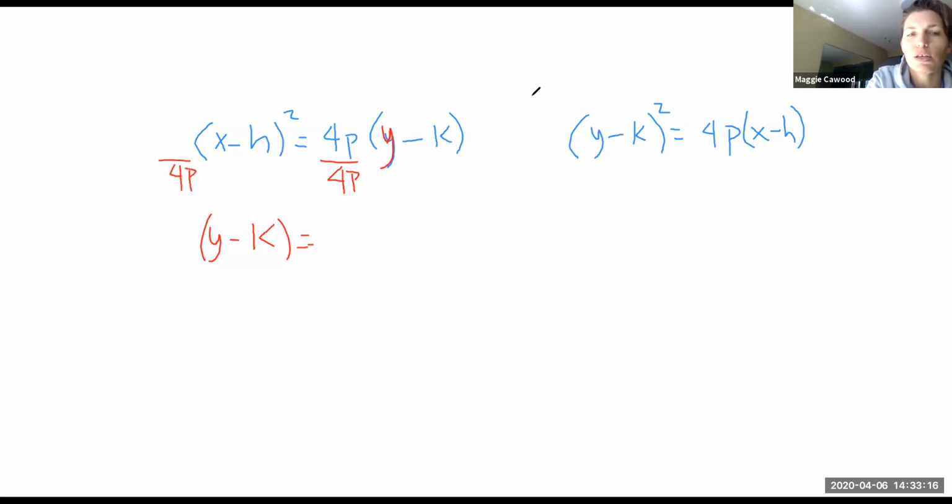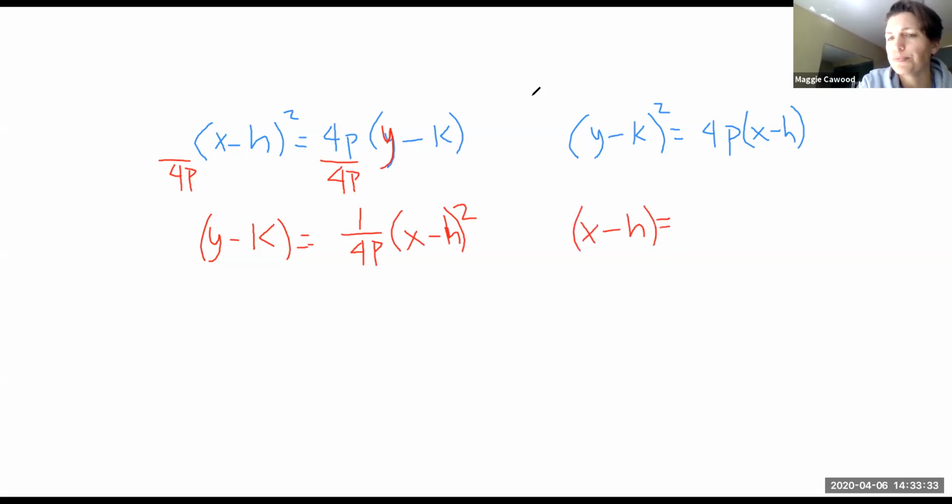So sometimes you'll see this, 1 over 4p times x minus h squared. And over here, divide by 4p, it would be x minus h equals 1 over 4p times y minus k squared. Sorry, that was a lot. Okay, so real quickly, all I did to convert this was divide both sides by 4p.